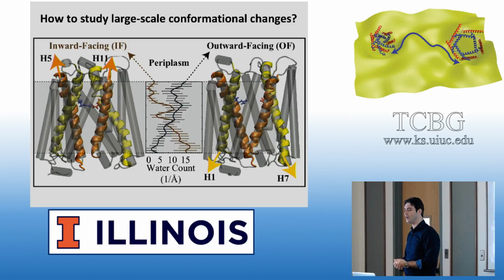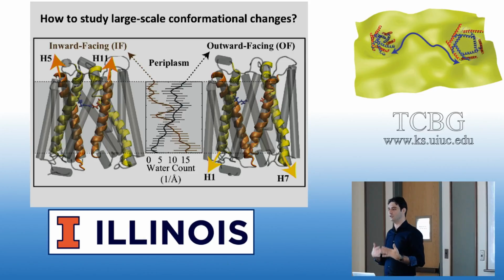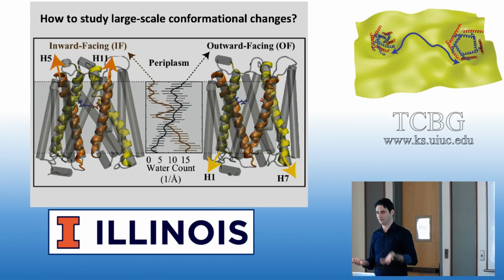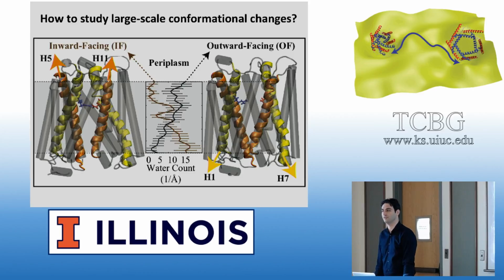So if you do have a collective variable, it should be good enough to be used in a non-equilibrium pulling SMD simulation and give you the transition that you're interested in. A lot of times it's not successful, especially if you use a simple one, like a distance-based collective variable.